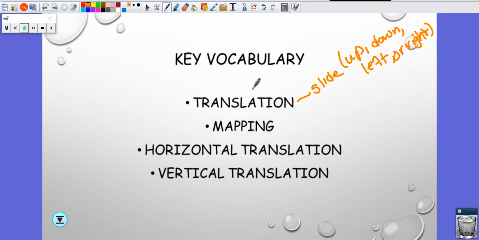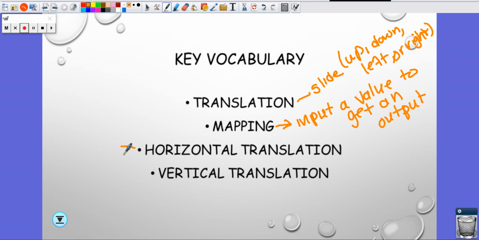A mapping is when you move from one point to another point. A mapping means to input a letter or input a value to get an output.